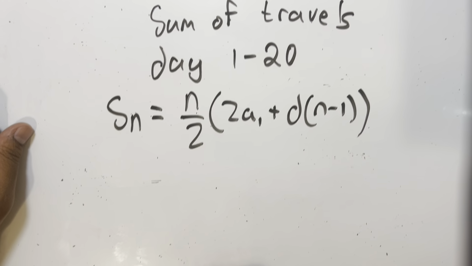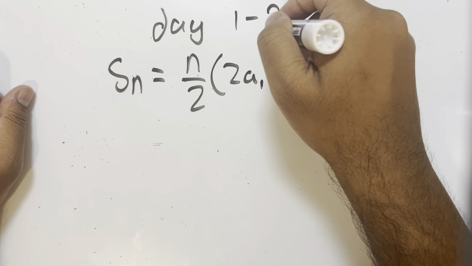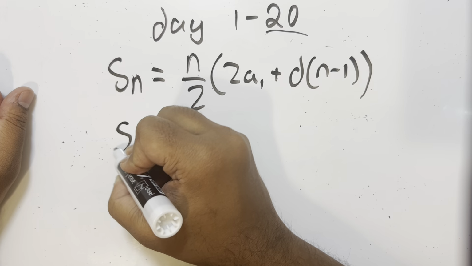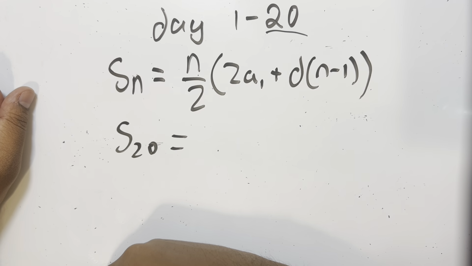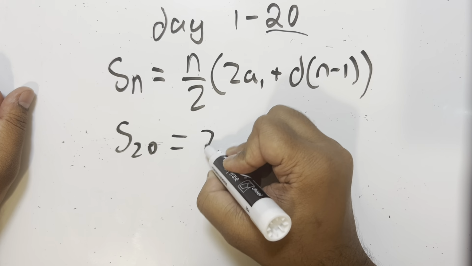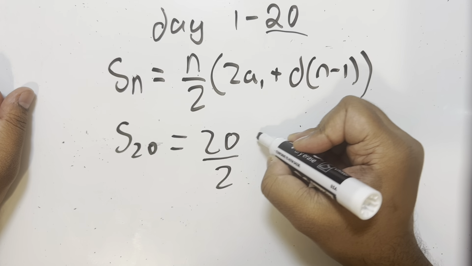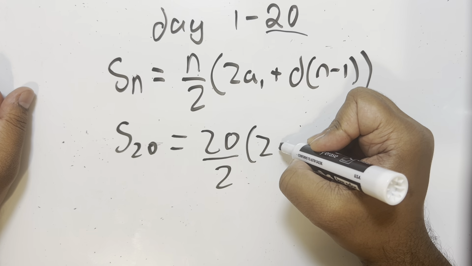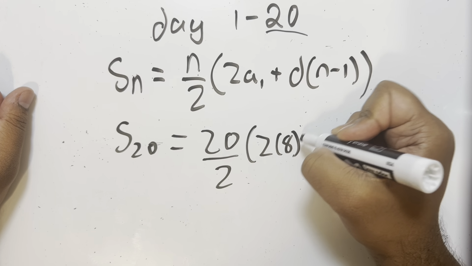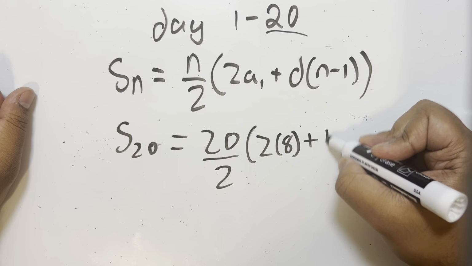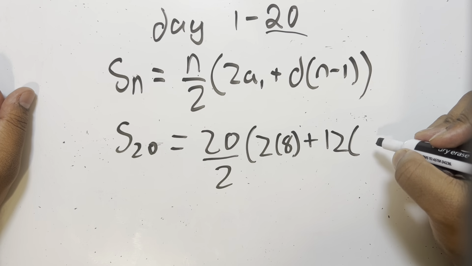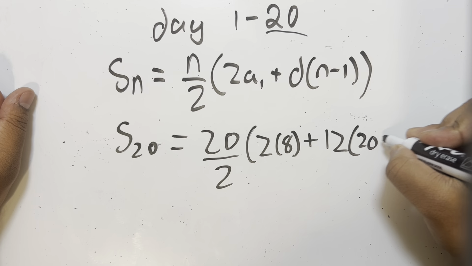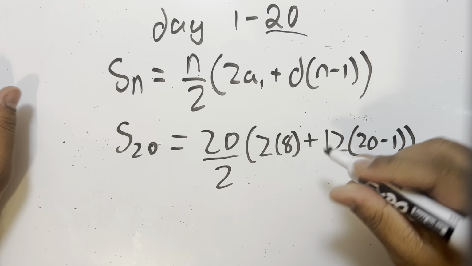All I'm going to do is plug in. I'm looking for 20 days. So S of 20 equals 20 over 2, then I have 2 times A1, which is 8, plus the common difference, which is 12, times the term number 20, minus 1, close parentheses, close parentheses.